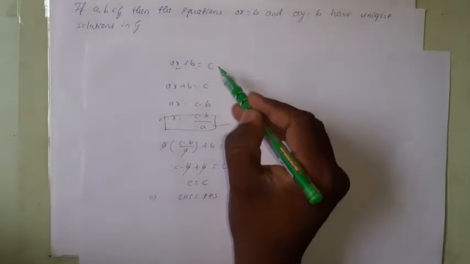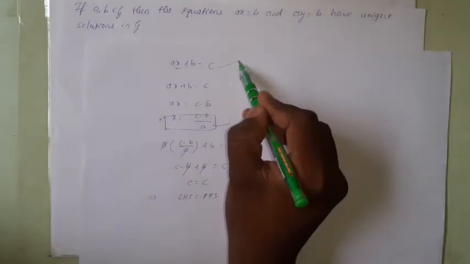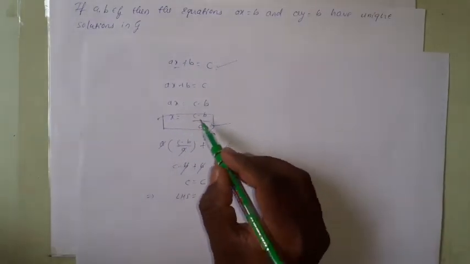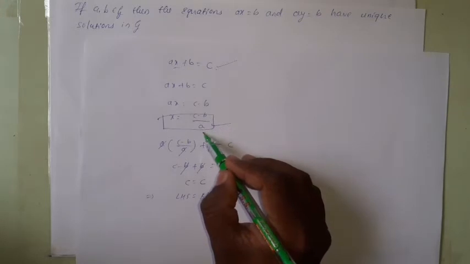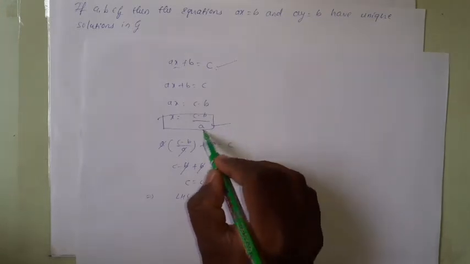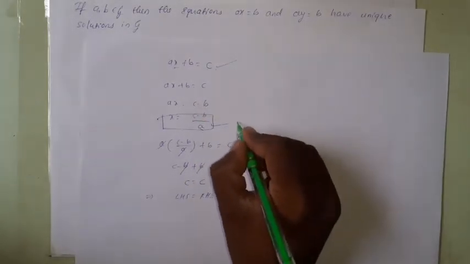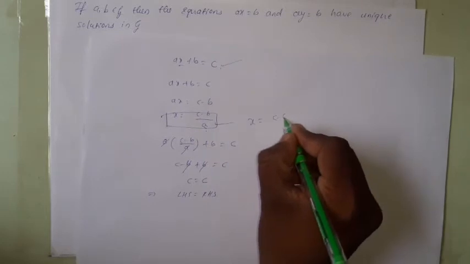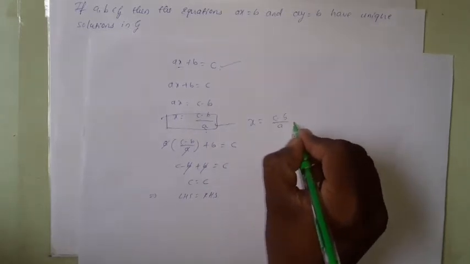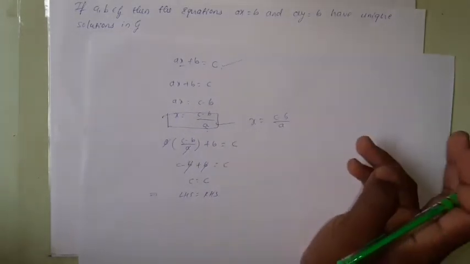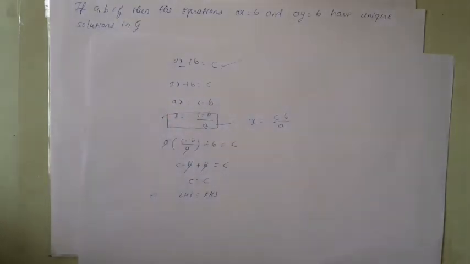Now here it is a linear equation, and for this equation x equal to C minus B divided by A is the solution, means it is the value for x for which the given equation is satisfying. Now here if you replace the value of x, that C minus B by A, by any other value, then the equation will not satisfy.